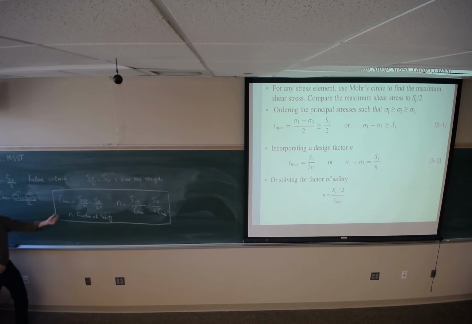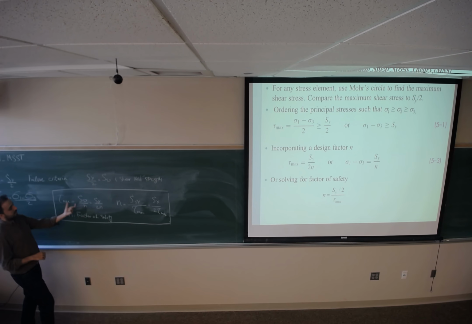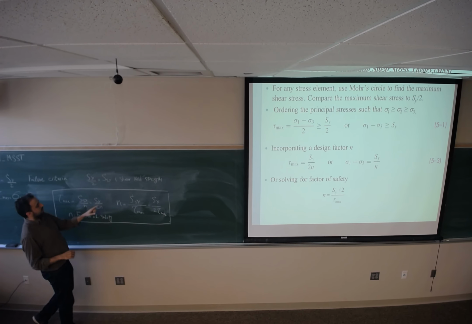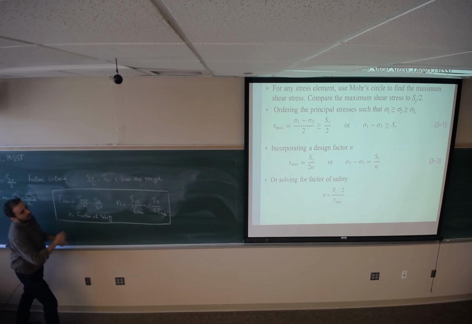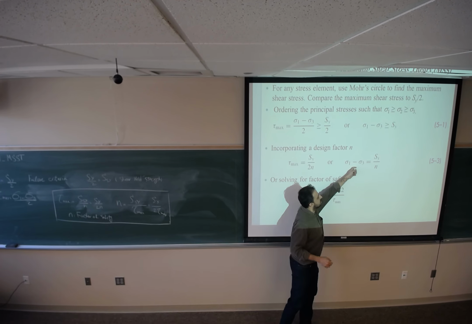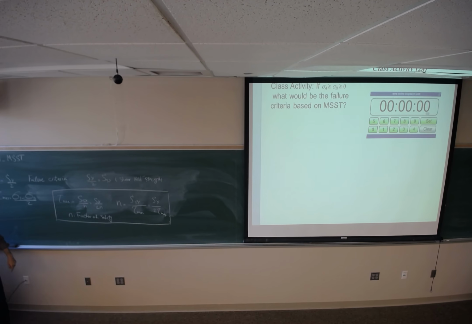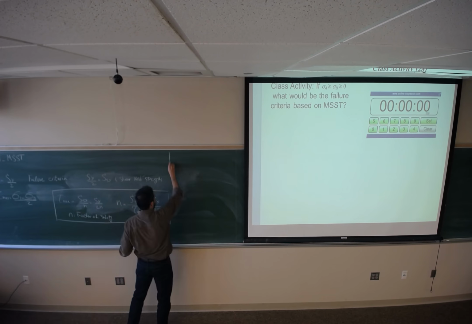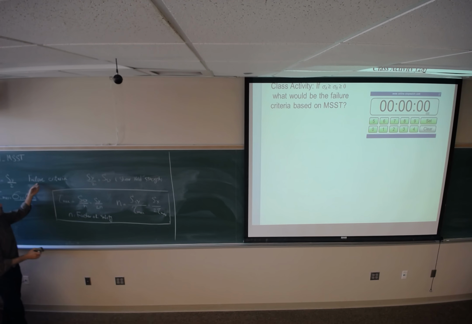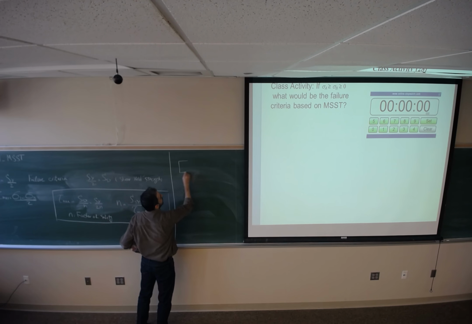So tau max is sigma 1 minus sigma 3 divided by 2. We can cancel out these two, and after this equation. So now let's look at the failure criteria where we have different situations. Suppose we have a plane stress element.